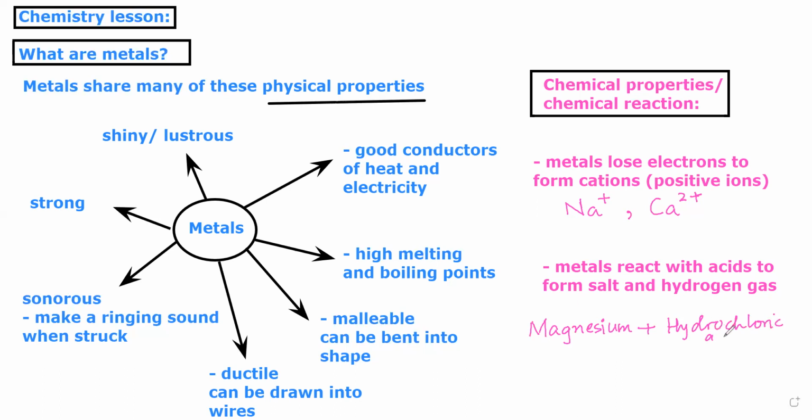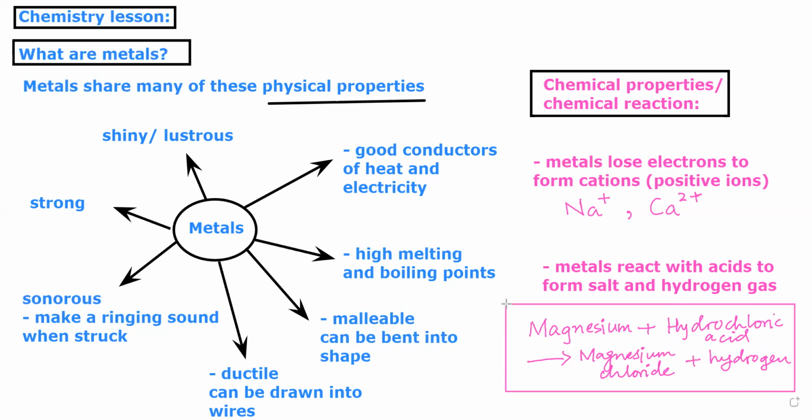Magnesium reacting with hydrochloric acid will give you magnesium chloride plus hydrogen. This is basically the word equation of the reaction. We can write the formula equation as well.